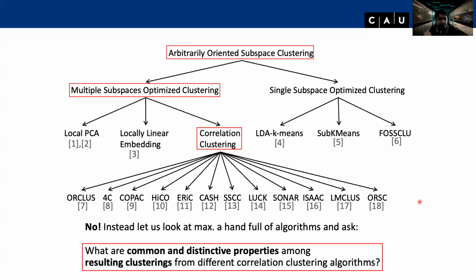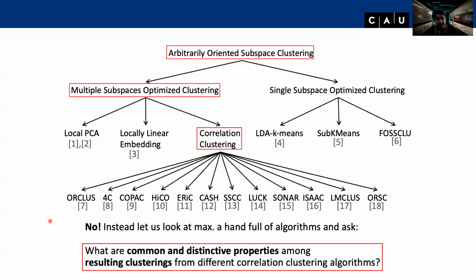Do we want certain handling of noise or not? So these are different questions, and by knowing the differences, the distinctive or common properties, the taxonomies that I will present to you in detail after ORCLUS, 4C, and Cache, then I hope so. So this would be the goal.